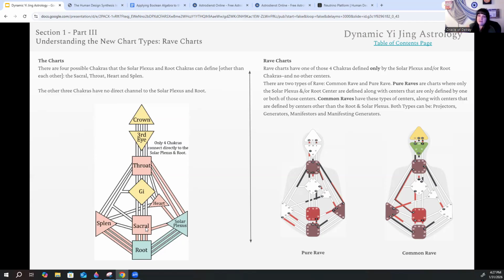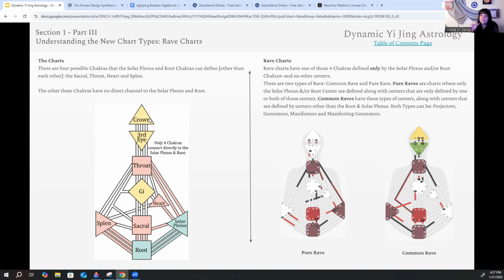So if the sacral center is defined, it will be a manifesting generator. If the sacral center is open, it will be a manifestor. And then projectors, which is my type, we don't have that kind of throat connection to a motor, and we also do not have the sacral center defined. We have an open sacral center, but we do have centers defined.